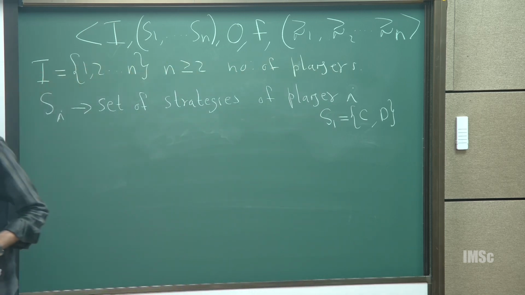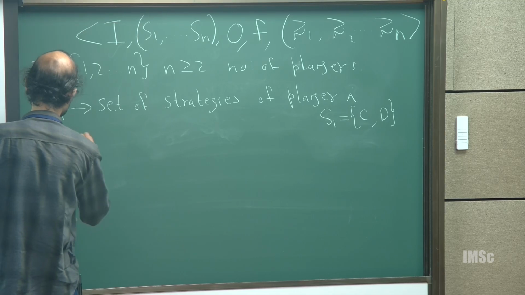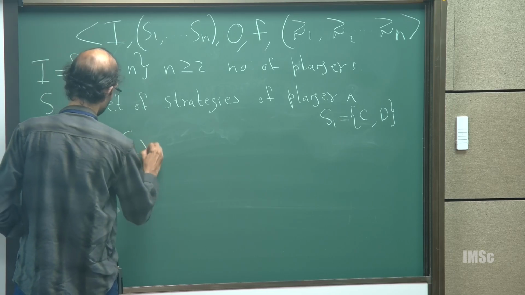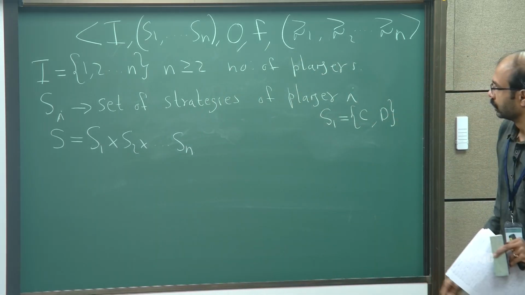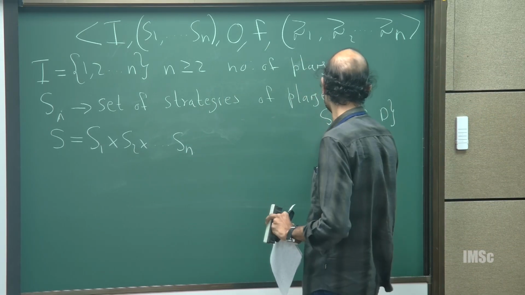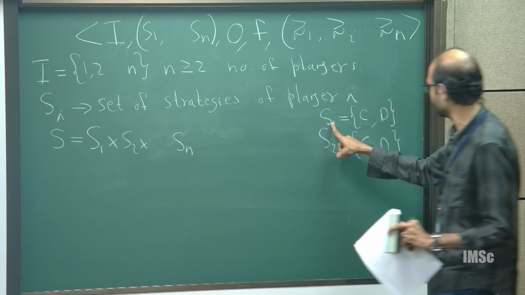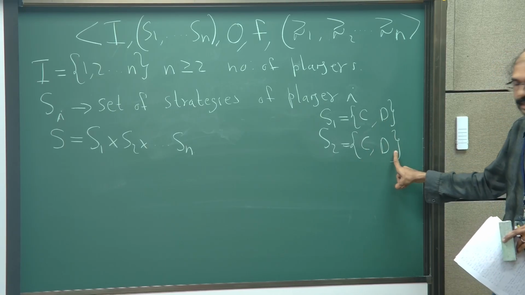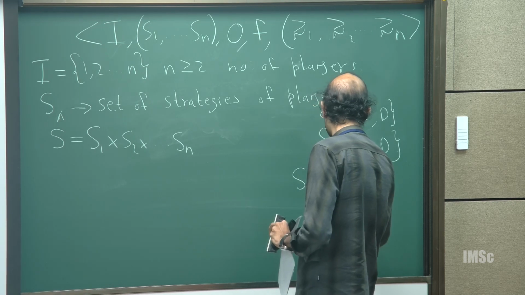And these combinations, when I choose clean and he chooses clean and so on, you will say that's a strategy profile, which is the set S, the Cartesian product of all these n sets. What do we mean by a Cartesian product? Player 1 has 2 options, C and D, player 2 has 2 options, C and D, and then S is the set of all possible combinations.